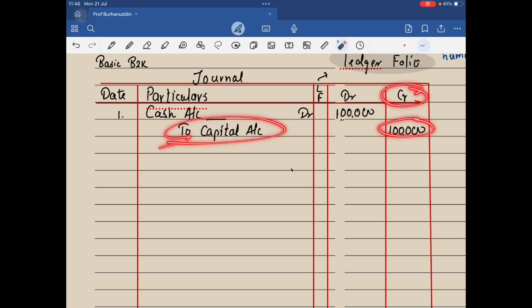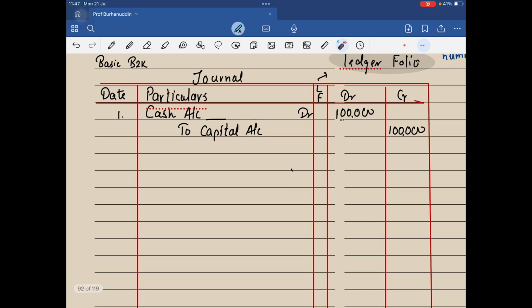Credit item, credit column. Prakash, I am going to repeat once again. First is debit, so I will write here whatever the date is, cash account, and I will have to mention over here debit and the amount in the debit column. For the credit, Prakash, you need to leave two finger space. You will always start with 'To'.